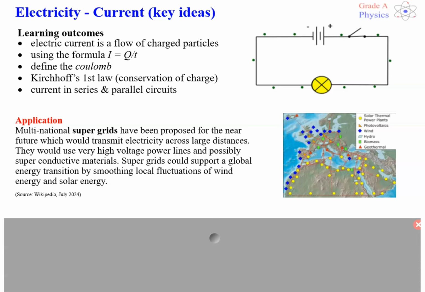And the idea is that you can generate lots of electricity in a place which has a lot of solar energy, or a lot of geothermal, or a lot of hydroelectric, and you can transfer this freely between countries. So really exciting, really interesting scenario which may come to pass at some point in the future.